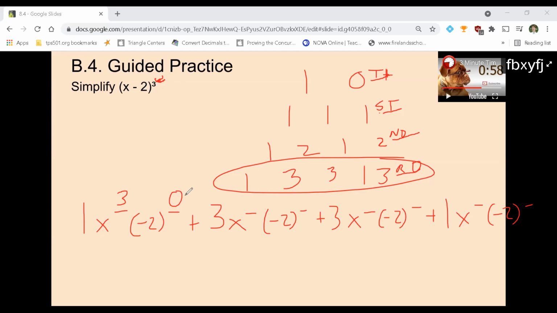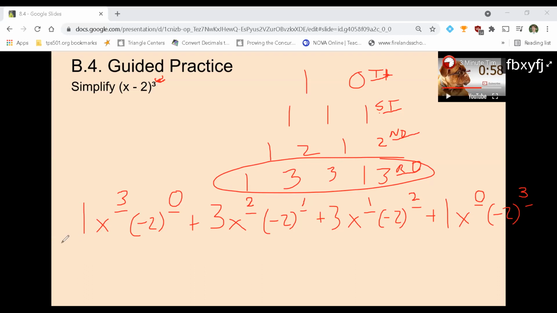What is the next pair of powers? 2 and 1. What's my next pair of powers? 1 and 2. What's my last pair of powers? 0 and 3. Do you see how the first power descends from your starting? The second power ascends from 0.